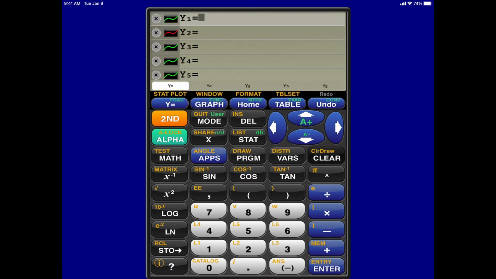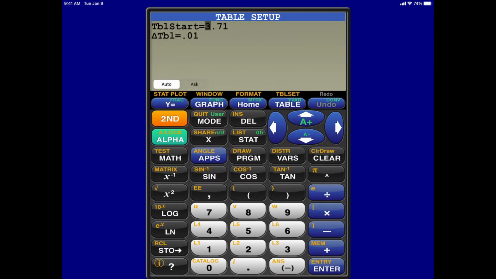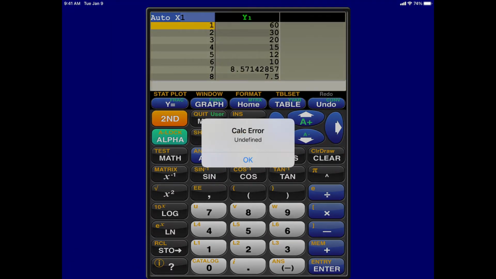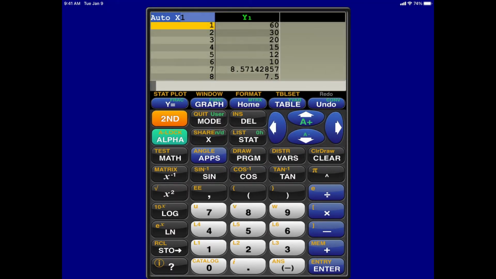Y equals 60 divided by X. Second table, set auto, start at 1, do 1. Table. So it's telling me all the factors right there.